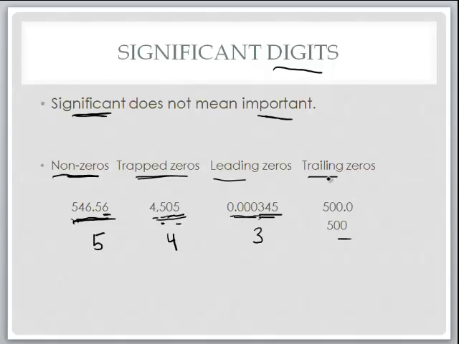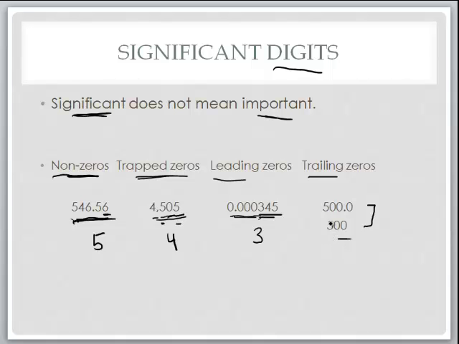All right. Trailing zeros, there's 2 scenarios. Trailing zeros are only significant if a decimal point is actually written in the number. So we know that both of these numbers have the same numerical value, 500. But this one has the decimal point written there. Even though it's implied that there would be a decimal point there, it's not written. If you were to move on in science, we would address this further.